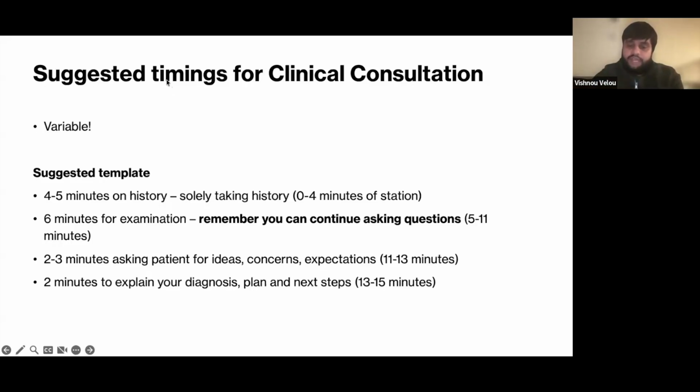Whereas if you naturally progress it through at a reasonable pace, you'll find that the station should end at about the 13, 14 minute time mark. And just remember, what I suggest is use the timer at 13 minutes, when they knock on the door or ring the bell, as your marker to say, okay, here's the next steps, here's what we're going to do, and tie up the consultation.